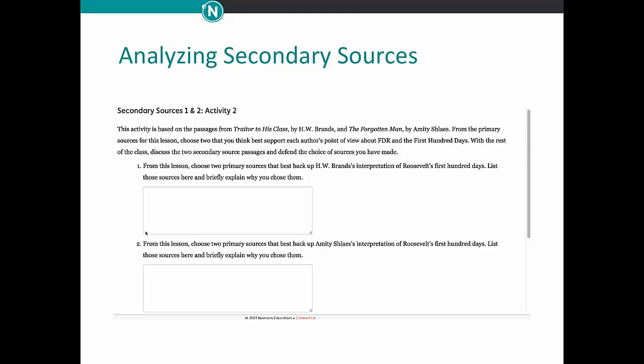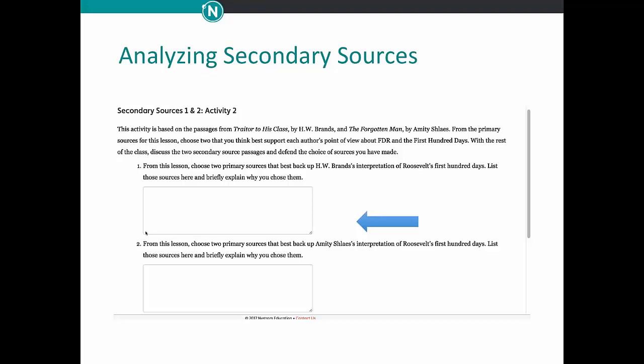Then the second question is, from this lesson, choose two primary sources that back Amity Shlaes' interpretation. So they're looking at primary and secondary sources, and making conclusions based on what they know from the primary sources.